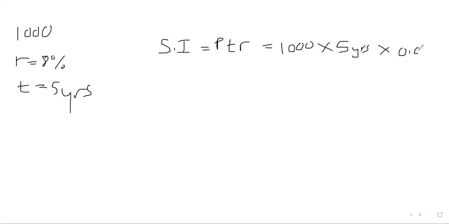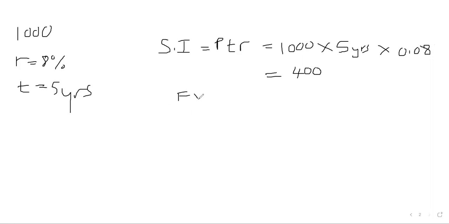Are we together? So our simple interest will be how much? 1,000 times 5 times 0.08, which is 400. So 400 is simply the simple interest. So how much value are we going to have after 5 years?